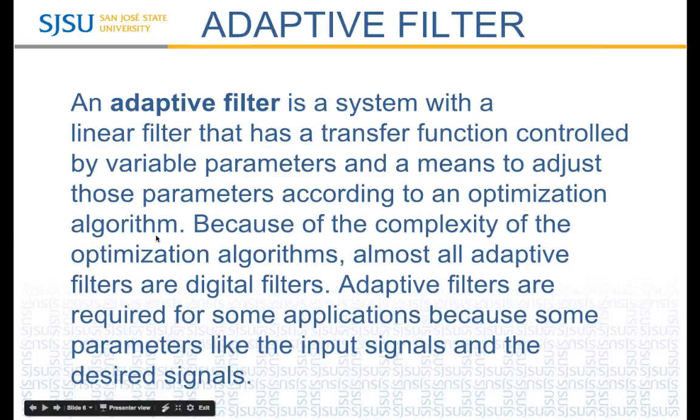This optimization algorithm can be of various types. For this purpose, we are using the LMS algorithm, where LMS stands for least mean square. Because of the complexity of the optimization algorithm, almost all adaptive filters are digital filters. Adaptive filters are required for some applications because parameters like the input and the desired output signals may change.